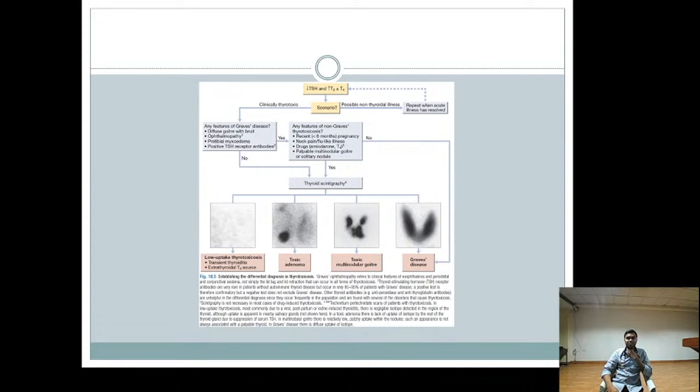So this slide shows approach to the patient with thyrotoxicosis. When you see the features of thyrotoxicosis, that is symptoms and signs, you go for thyroid function tests. In thyroid function tests, if T3 and T4 are raised and TSH is suppressed, first you should rule out non-thyroidal illness.